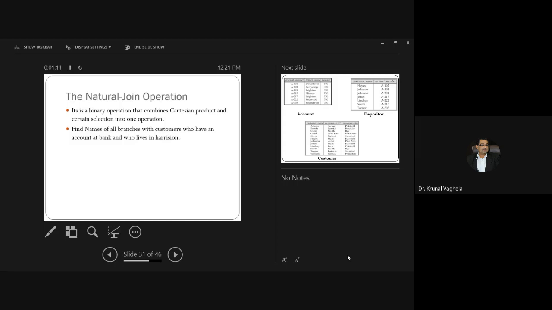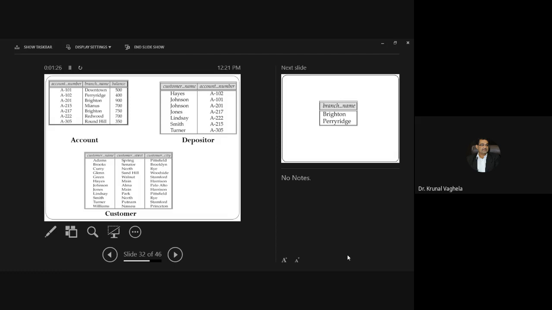We also took a second example: find the names of all the branches with customers who have an account at the bank and who live in Harrison. We saw that we need three tables, and with the help of joining the three tables we can get our results.